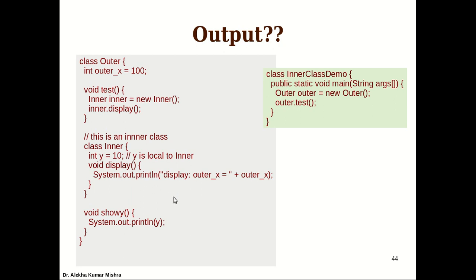Everybody must have guessed that this will lead to an error, because the method show y is a member of the outer class, and the outer class doesn't have direct access to the members of the inner class. The inner class can access the outer, but not the reverse. So this will lead to an error. We cannot access y right here because y is a member of the inner class. This is how, when we nest one class within another, these restrictions are applied.